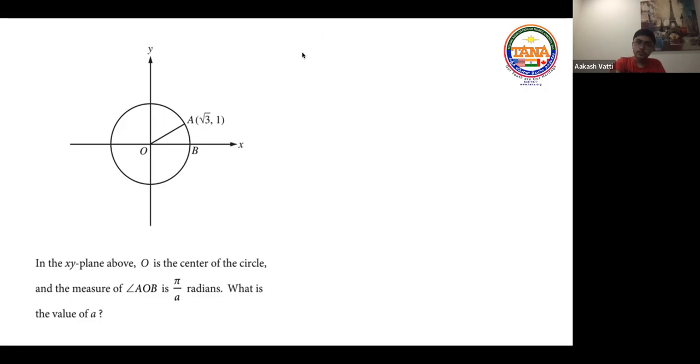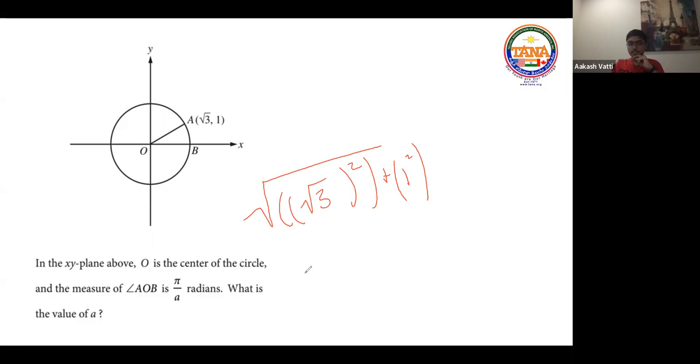All right, so for this question, the best way of solving this is the distance formula. So you have the square root of 3 squared plus 1 squared, which is the square root of 3 plus 1, which is equal to the square root of 4, which is equal to 2.